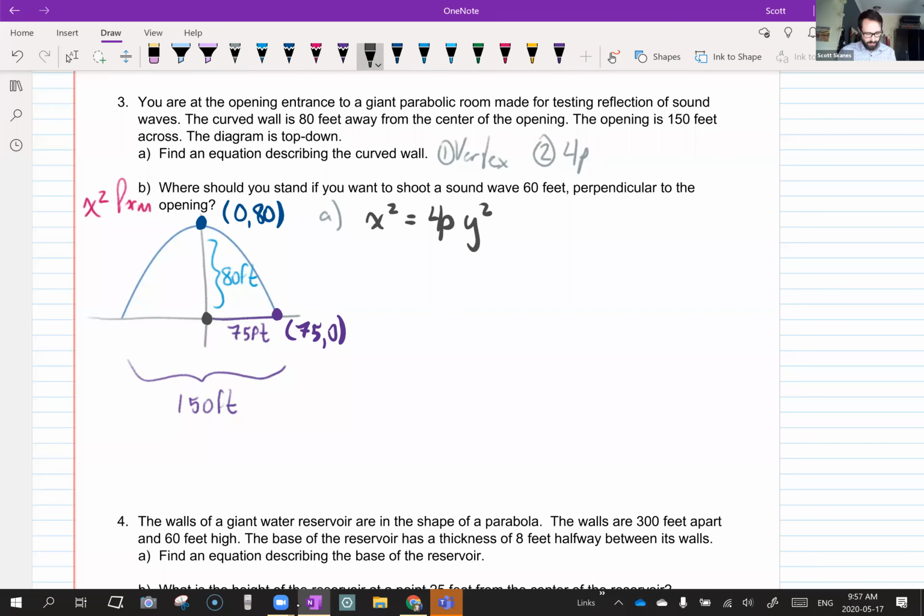It would be a waste of time. Substitute in the point 75 and 0. Because that's a point I know on it, it will allow me to solve for 4p. So that's 75 squared equals 4p times 0. Wait.